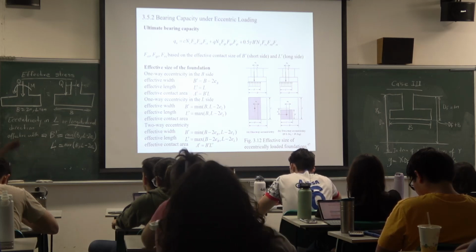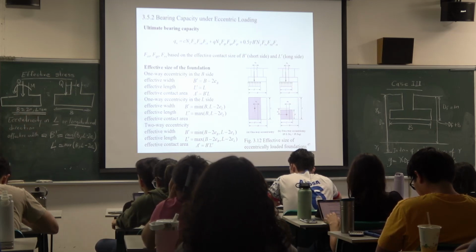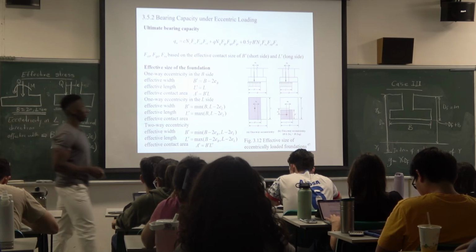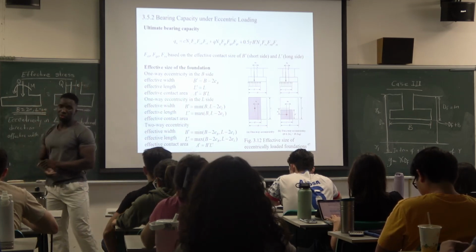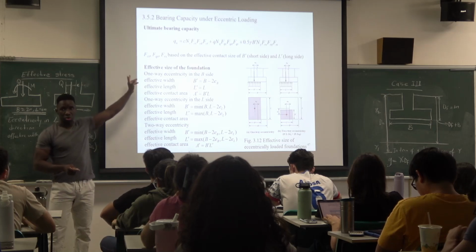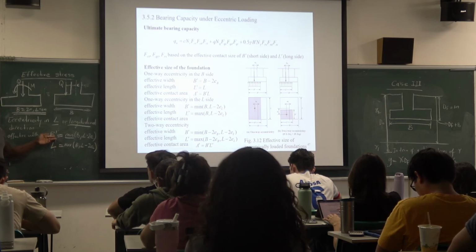For example, they say B equal to 2, L equal to 4, and then you are trying to find the shape parameters, and you directly use those values, B equal to 2, L equal to 4. Your solution will be wrong. Okay, you have to make sure you use the effective parameters, the B prime and the L prime.